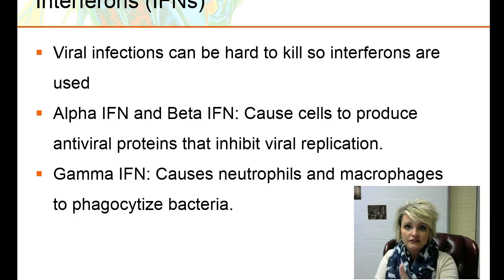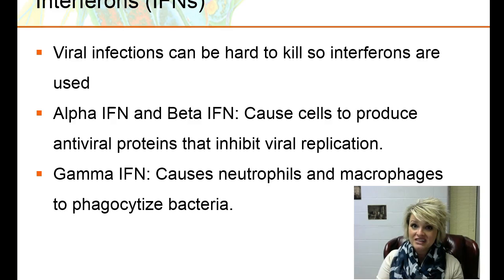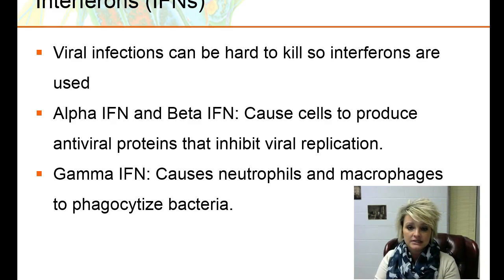But the alpha interferon and the beta interferon actually work to stop viral reproduction. It doesn't allow them to replicate. And if viruses can't replicate, that means they can't grow. And if they can't grow, eventually they will die out. So alpha interferon is actually utilized synthetically.